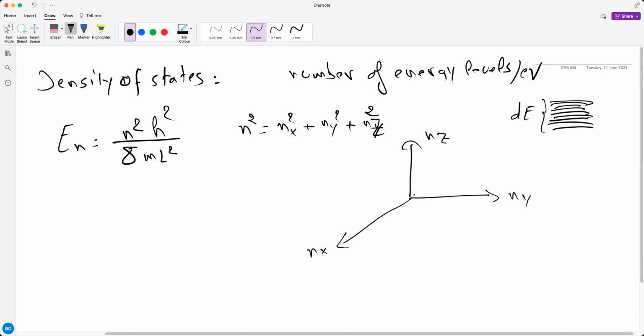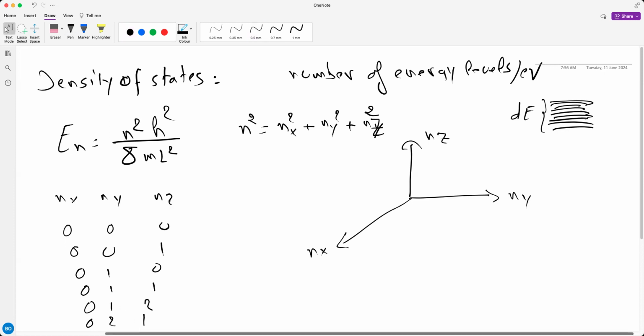For example, nx, ny, nz can be 0,0,0, 0,0,1, 0,1,0, 0,1,1, then 0,1,2, then 0,2,1, and so on.